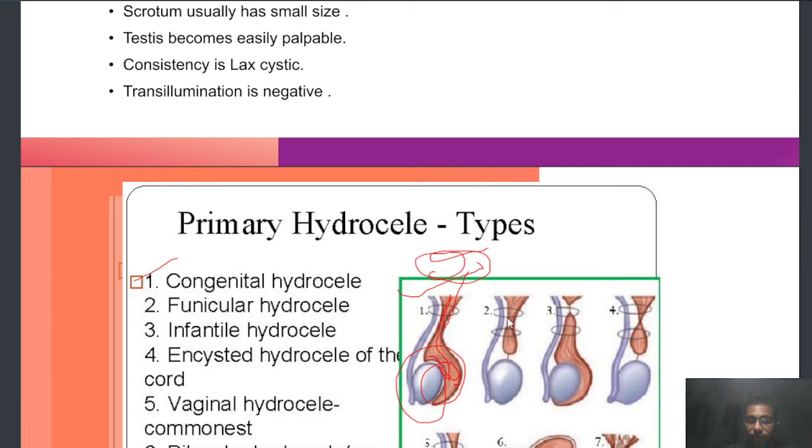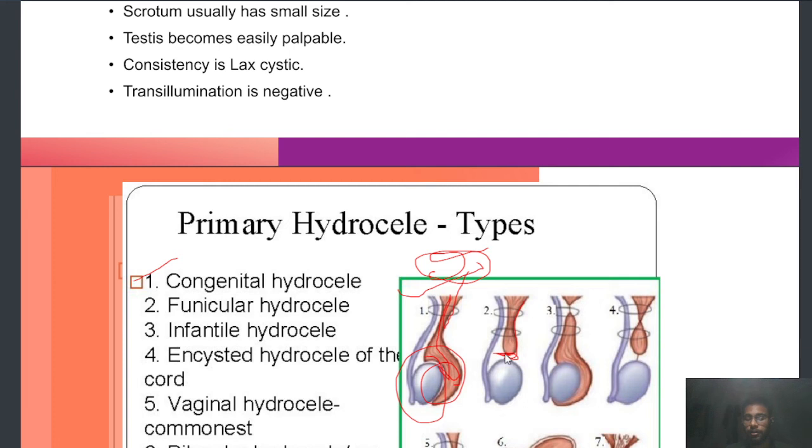In the second one, as you can see, there is no covering of tunica vaginalis right here, and the entire processus vaginalis comes down and gets closed just right here.